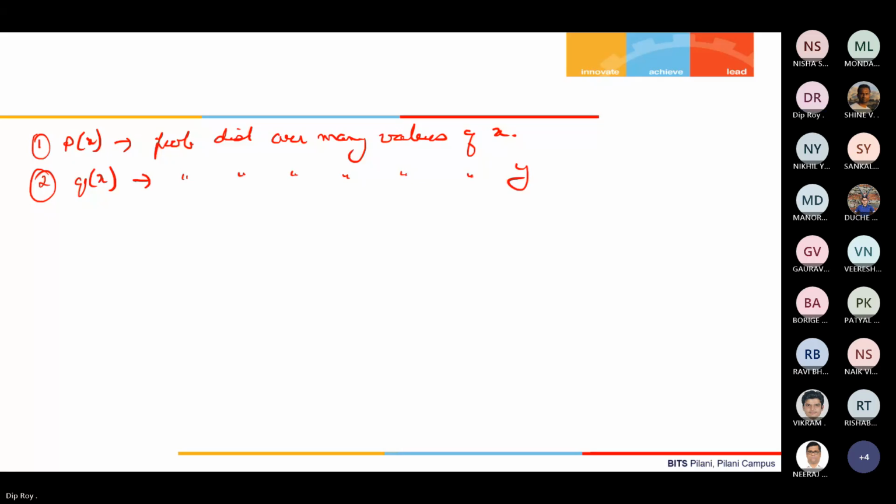And so the mass in P is spread across multiple locations.